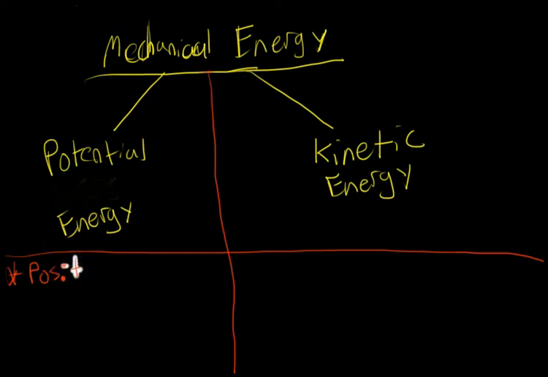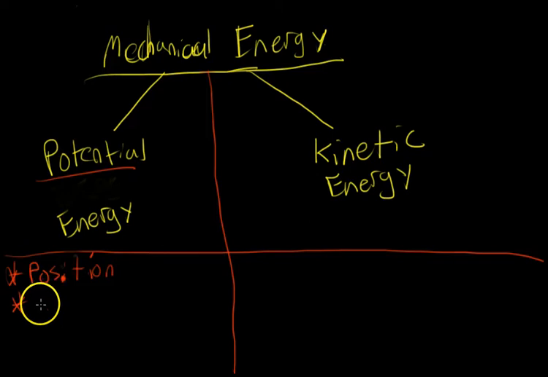Sorry about that. Okay, so it's basically position relative to Earth or relative to some fixed point. And potential energy, you look at the word potential, and if something has potential, it means it has the ability to go somewhere. It's not going somewhere yet, but it has the ability to go somewhere or do something.